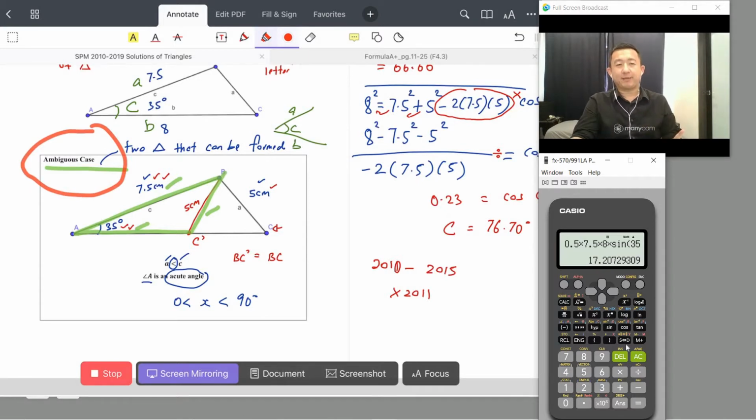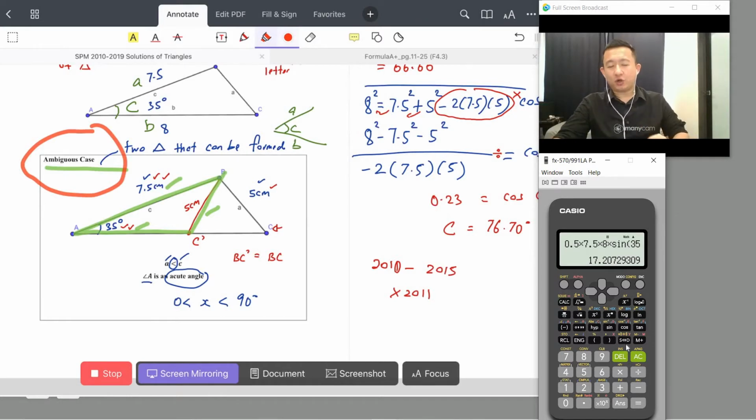For the exam paper, MX paper 2, section C, the ambiguous case appeared for 5 years. Now, do you think it's important? Do you think that the ambiguous case will be presented in this coming SPM? No one knows, but it's always good to be ready for the ambiguous case.